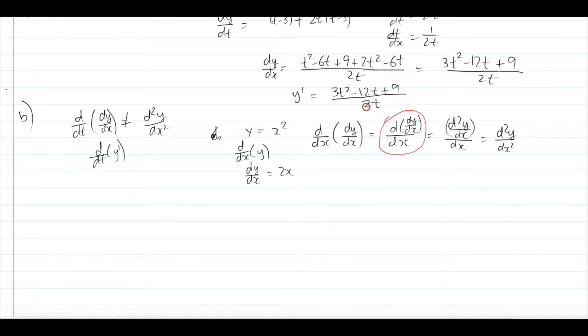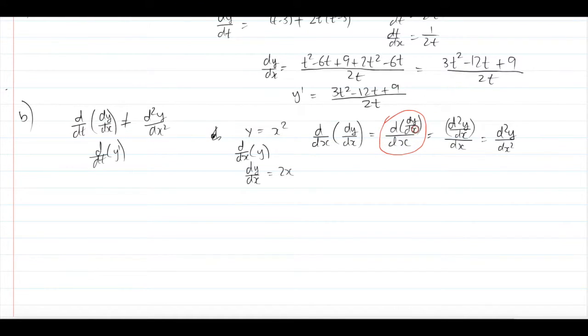If you want to find the gradient of the gradient function, you go d dx, just like always, of the gradient function, which is dy dx. You just replace y with dy dx this time. So we do the same thing. If you want to find the gradient of this function right here, so 3t squared minus 12t plus 9 over 2t, you go d dx of dy dx.